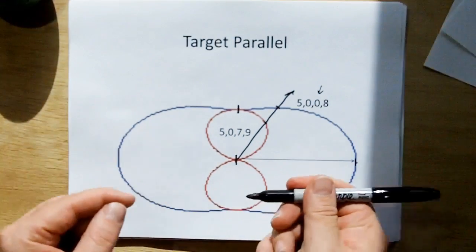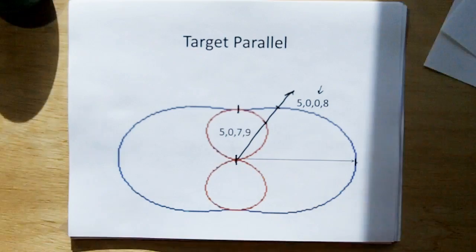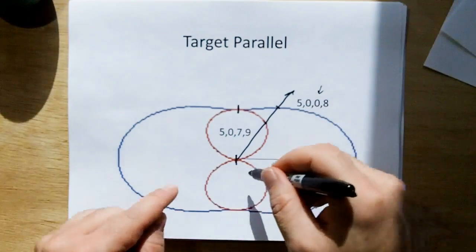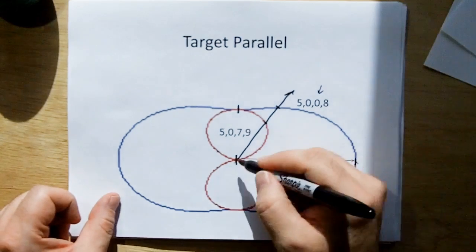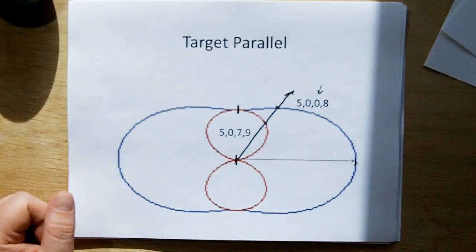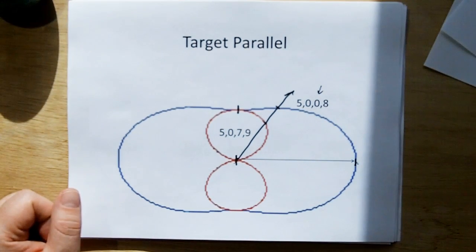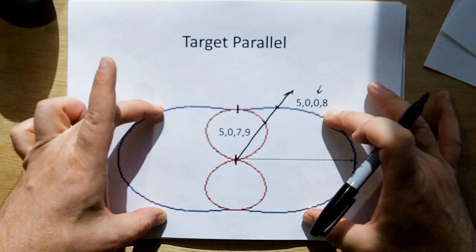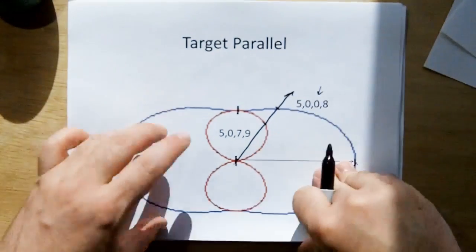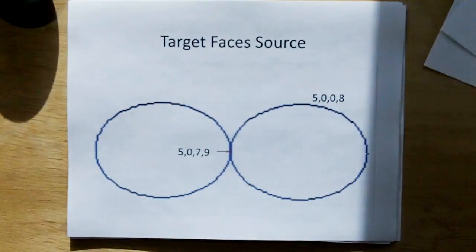We're plotting the amplitude as it goes around, as a radial distance from the center, so the farther a point is from the center, the more amplitude is in that direction. In this case, 5079 shows absolutely 0 energy off the broadside of an antenna, and that is completely wrong. This is the energy you get if you keep your dipole parallel. If you keep your dipole facing, you get the classic dipole pattern, which every antenna engineer should know.